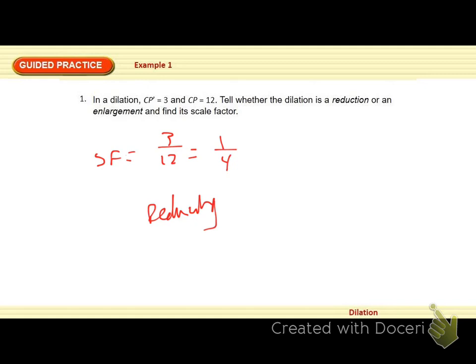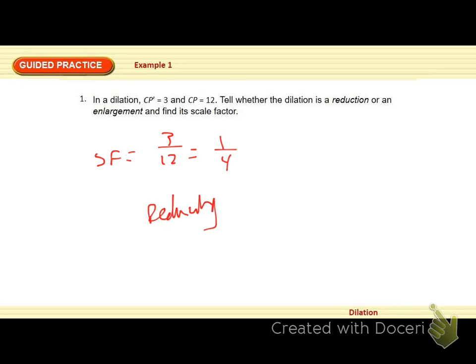Okay? Now, how do we perform the dilation? And it's kind of like rotations, where if we have our construction tools, we have a lot more flexibility and we can do a whole lot more with dilations. Without those construction tools, we'd have to place an image in a coordinate plane and set some conditions down and then dilate that way.